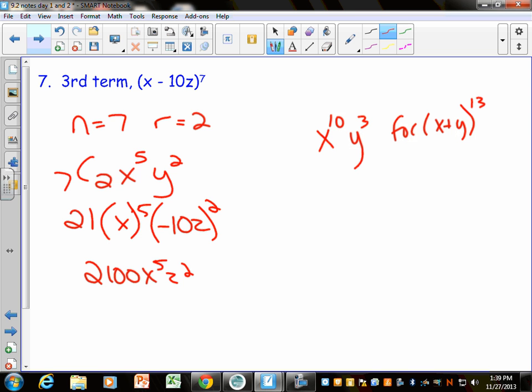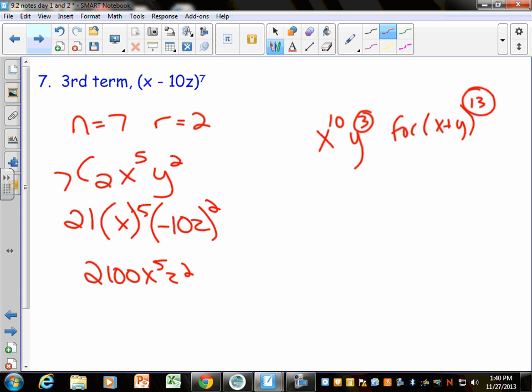I think this is an easier way, because looking at this, can you tell me what n and r are just by looking at this? What's n? N is your number on the outside, and what's r? The exponent on y. So you don't even have to think about what the exponent is. They give it to you, which I feel like is an easier way. On your homework, a couple of them are worded like that, and people get thrown by that a little bit.